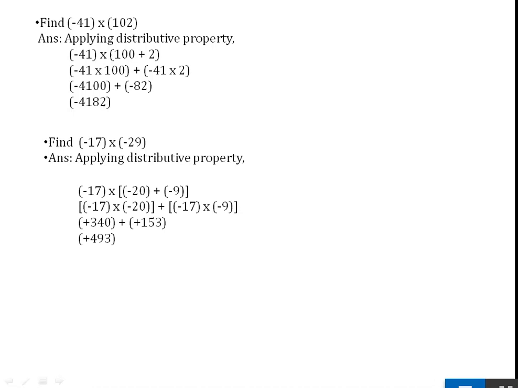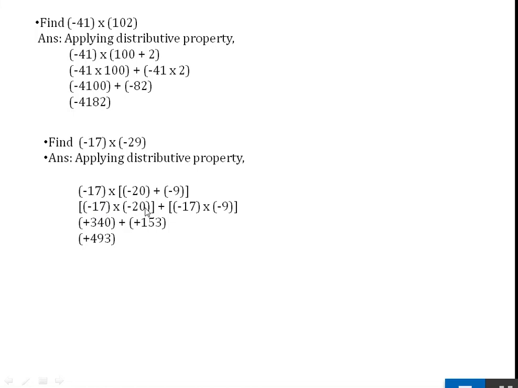The first one, I am splitting negative 29 as negative 20 plus negative 9. Both the numbers are negative, so you can add, you will get negative 29 final. Negative 17 into negative 20 plus negative 17 into negative 9.